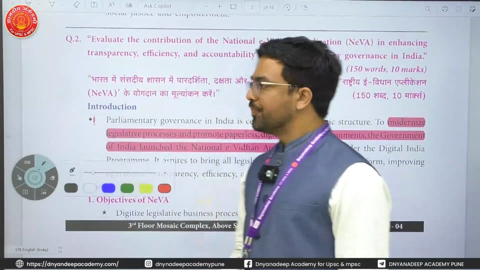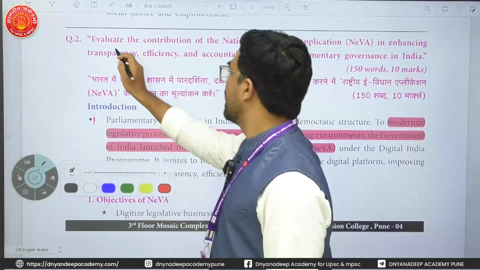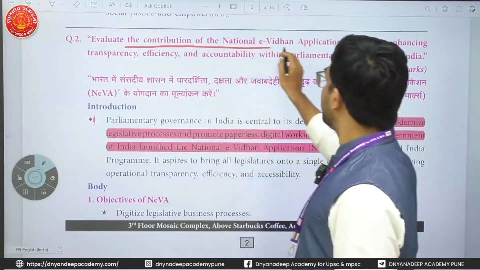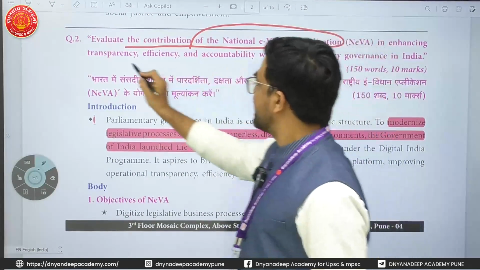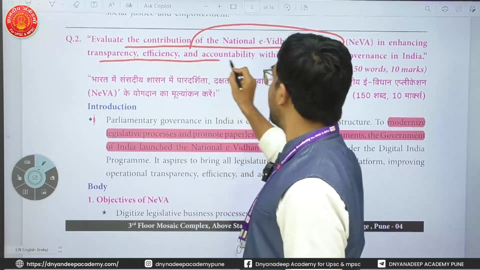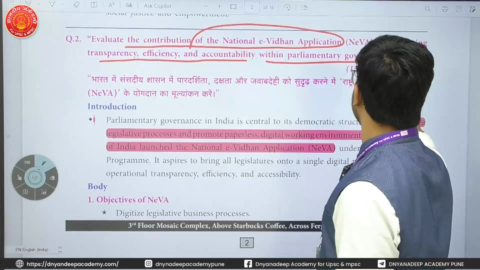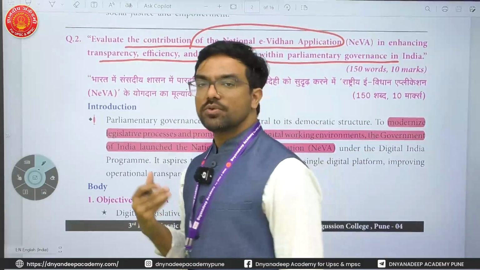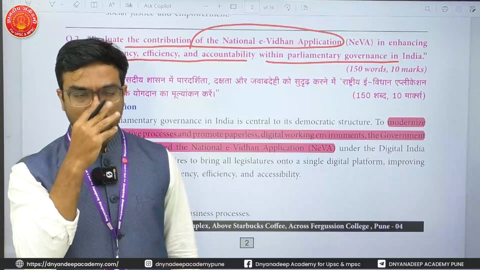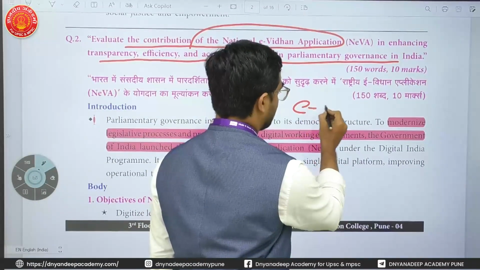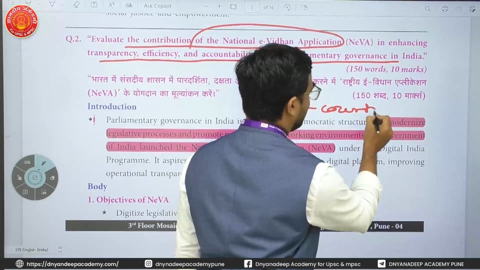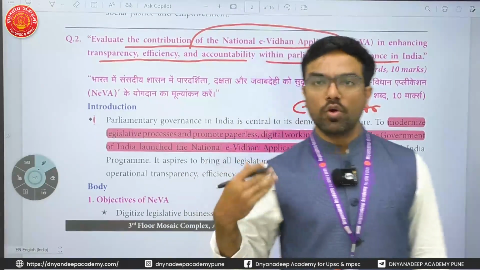Question number 2 says: evaluate the contribution of the National e-Vidhan application in enhancing transparency, efficiency and accountability within parliamentary governance in India, right? So this question is similar to the question asked in the past about e-courts, that is adoption of digitization in court processing.